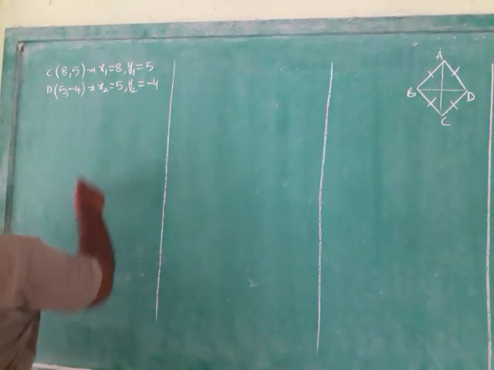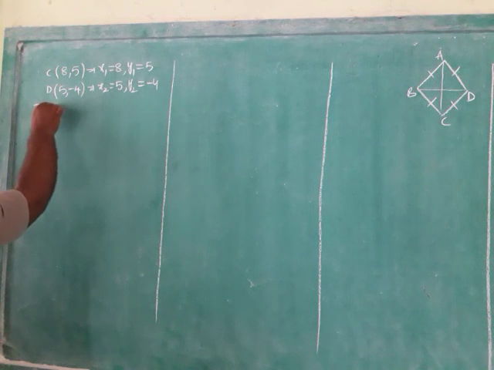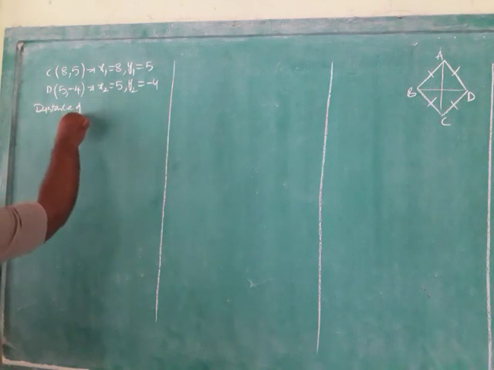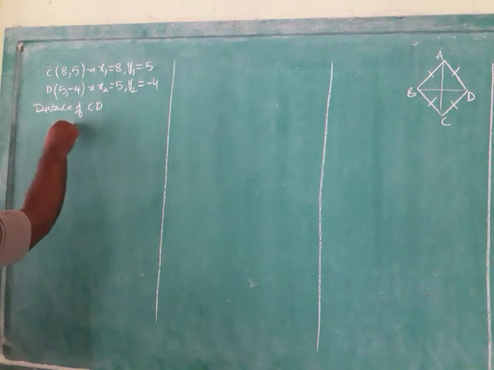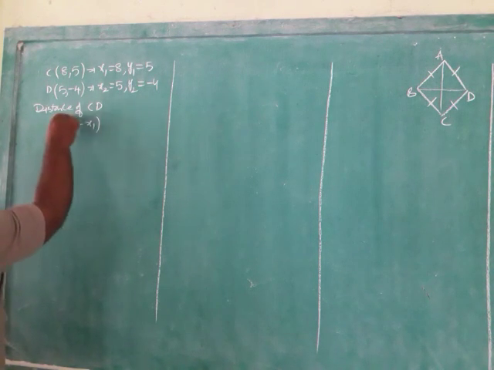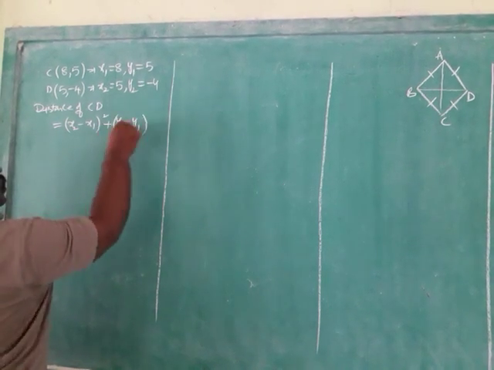Now see children, distance of CD is equal to square root of x2 minus x1 whole square plus y2 minus y1 whole square. It is the formula.